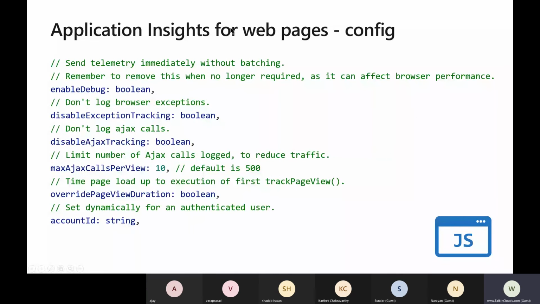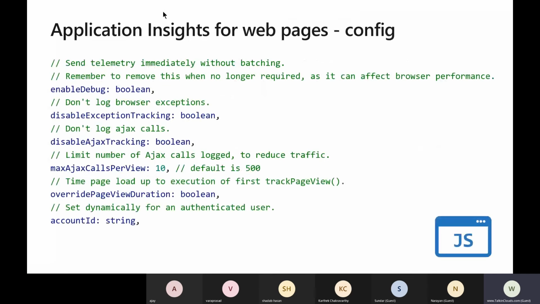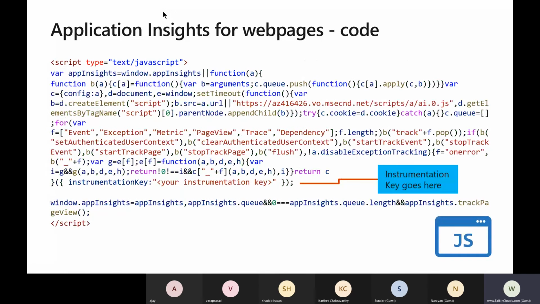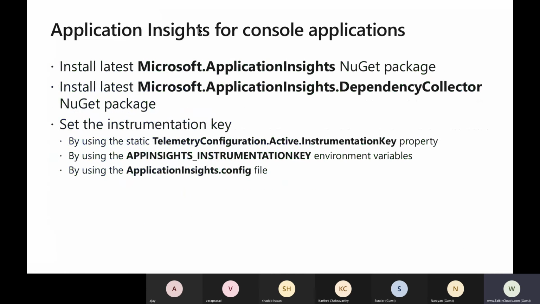Again, if you have a web page and you don't have JavaScript on it, you can go ahead and write your code in a configuration file and use that. Even if you have a console application and you don't have JavaScript code in your .NET application, you have to use this NuGet package.